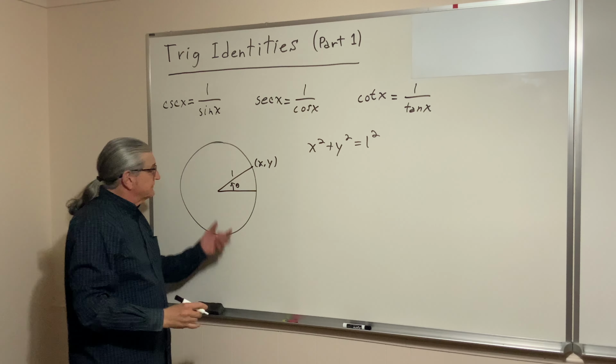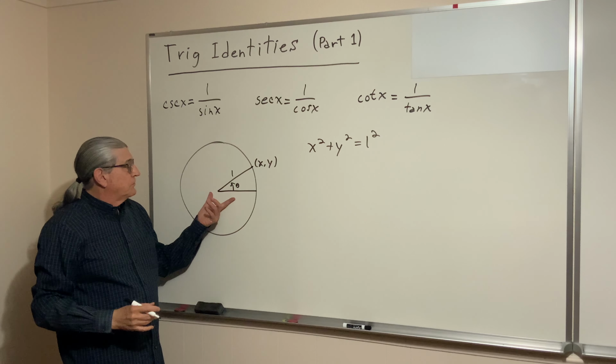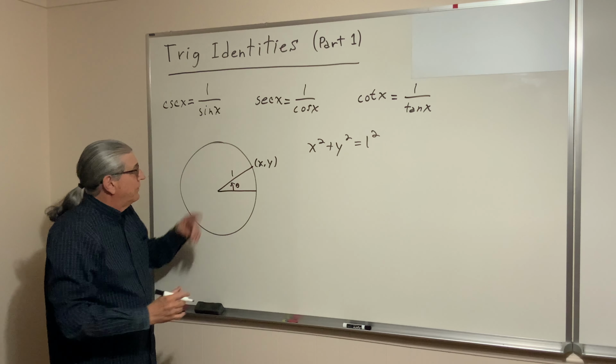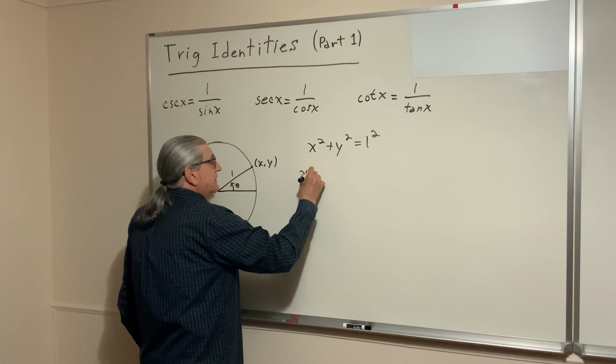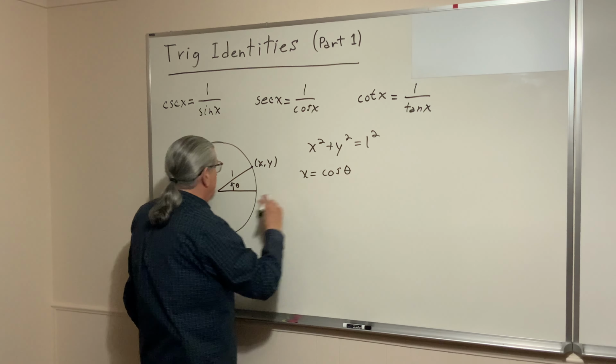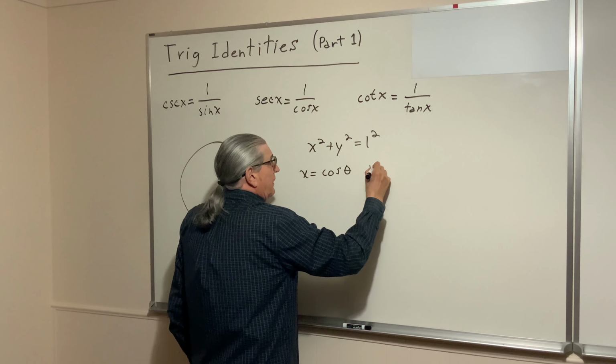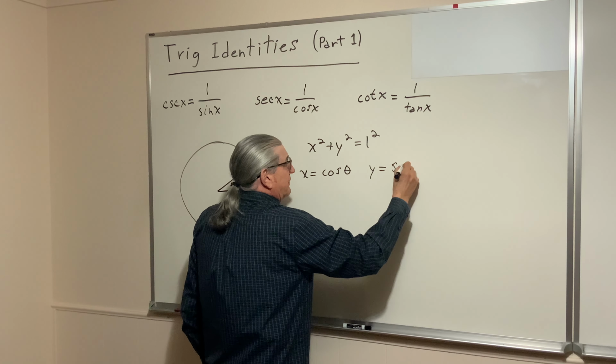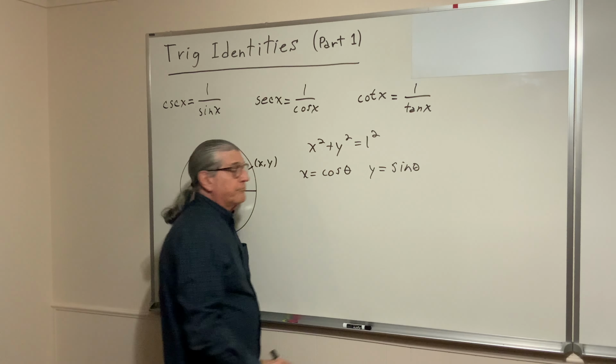We know that because that's the equation of a circle. And we also know that x equals the cosine of theta, and y equals the sine of theta.